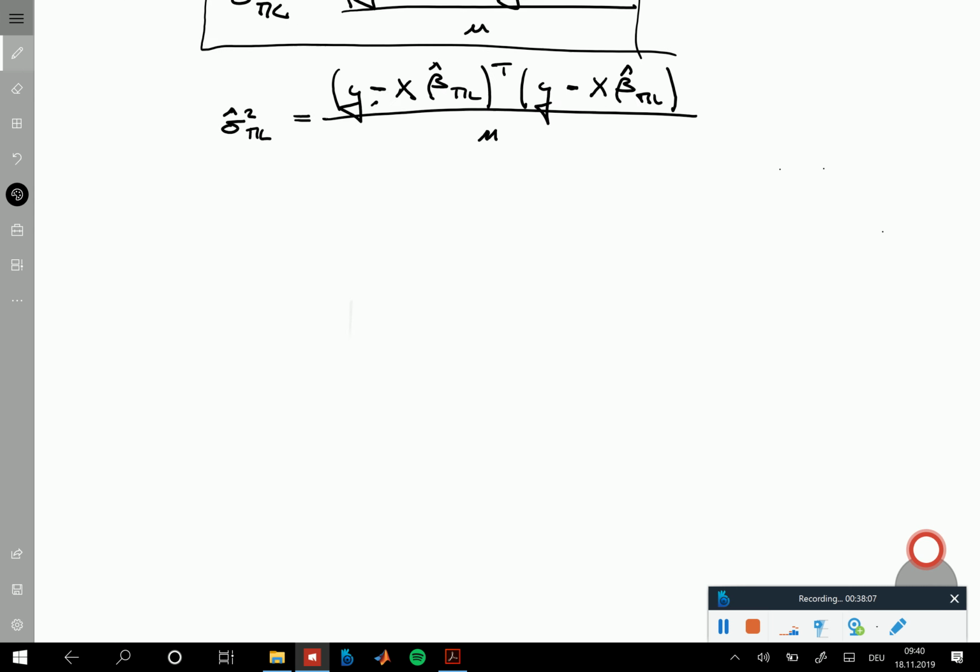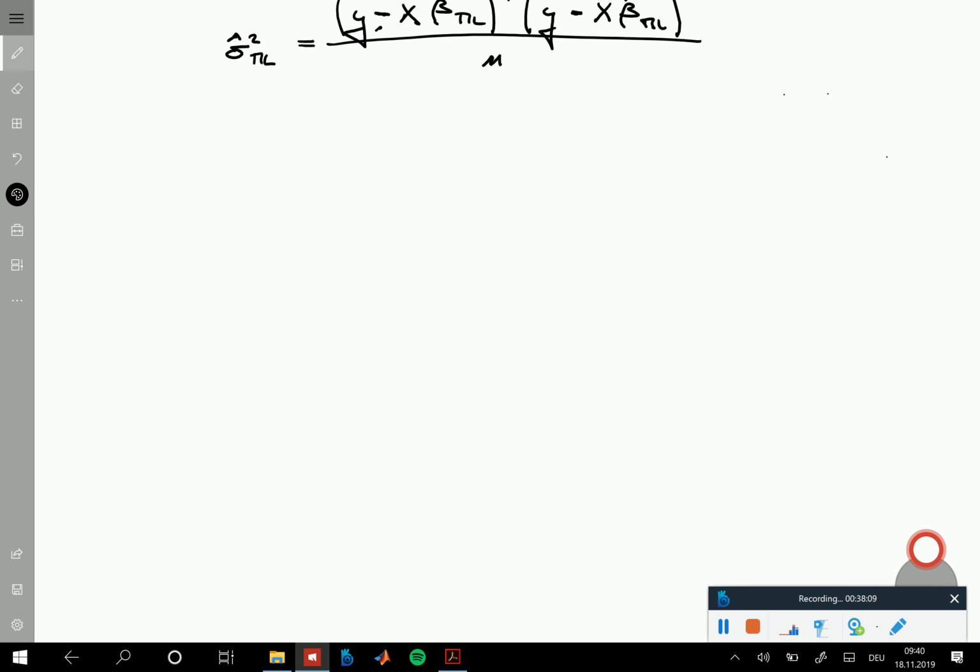So, to summarize, we have now established that our data is distributed according to this.